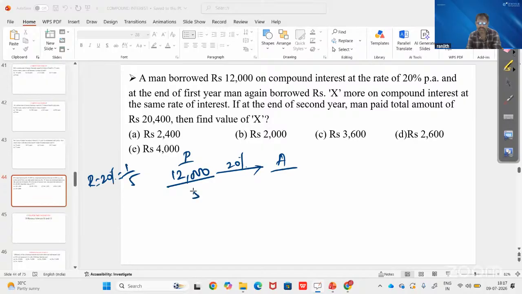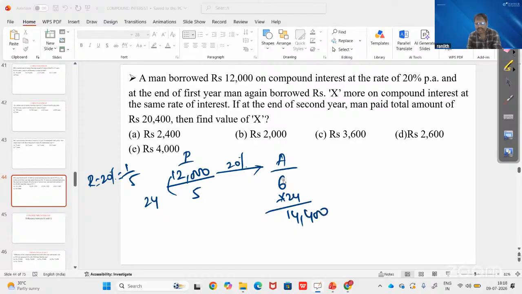Taking 5 parts as principal, 6 parts will be the amount. Where 5 equal to 12,000, that means 24 times. Here also we need to multiply 24 times. 6 into 24 equal to 14,400.